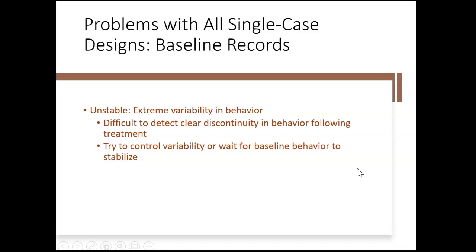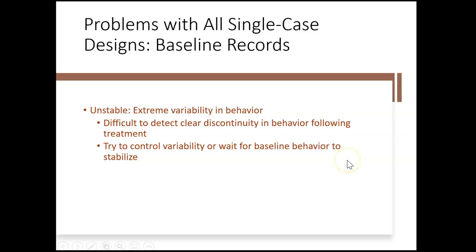So what you may have to do, in documenting the baseline, and this is another alternative for why there might be different lengths of baseline time. In the example that I was working with earlier, it may take 6 days or 7 days or 3 days or 2 days for a behavior to stabilize.